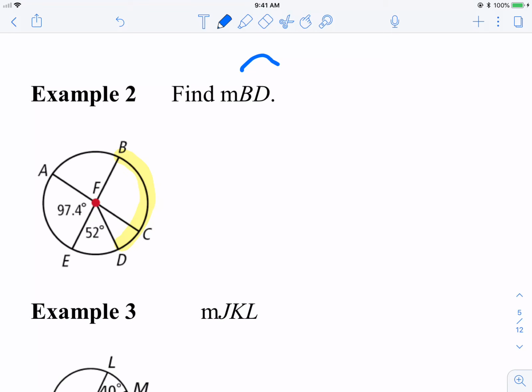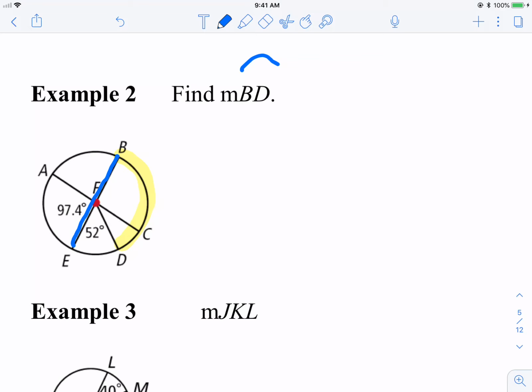But I think the biggest thing to look for here is a diameter. We know that a diameter splits a circle in half. So we have two diameters here, AC and BE. The most direct diameter that's going to help us is that BE diameter, because on the bottom part we have a 52 degree angle.